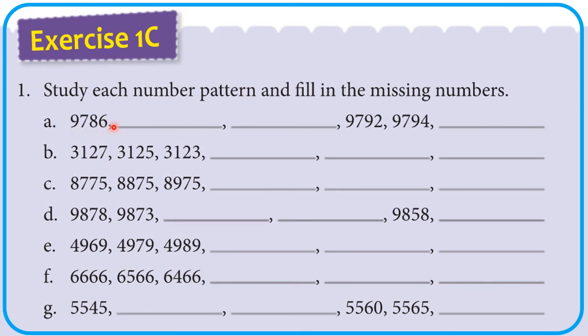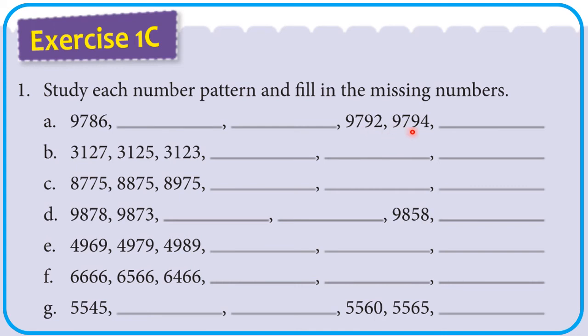Here, just looking at the first number alone, we cannot understand anything about the number pattern. So at least we should have 2 or 3 numbers to understand about the number pattern and its nature.